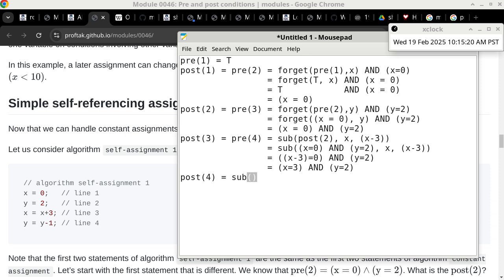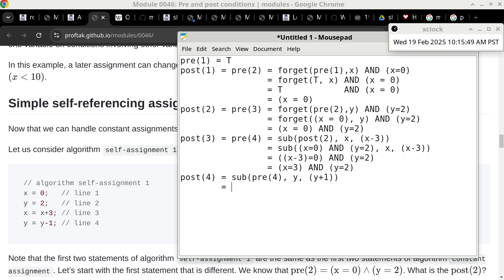So now the substitution applies to the precondition of line 4. Look for occurrences of y and replace every occurrence of y with y plus 1, which is the reverse of y minus 1. What this is basically saying is whatever we knew about y is still true, but before we relate y to anything else, we have to reverse what line 4 did to y.